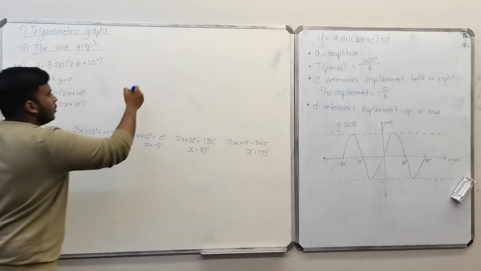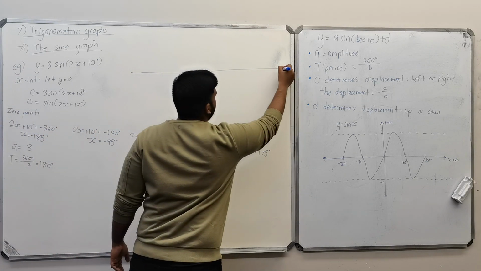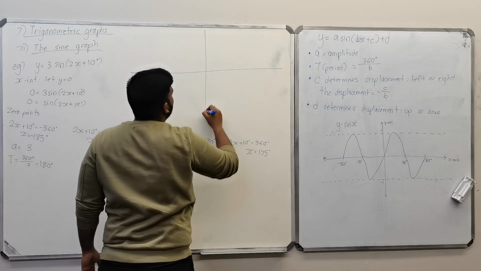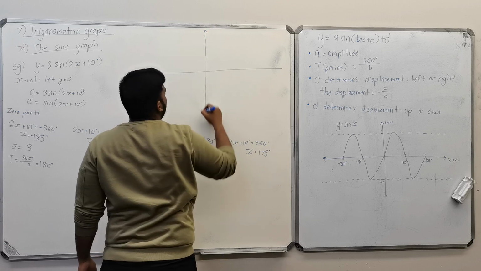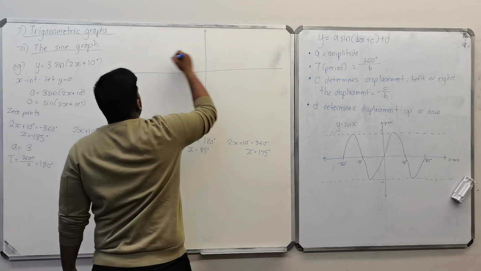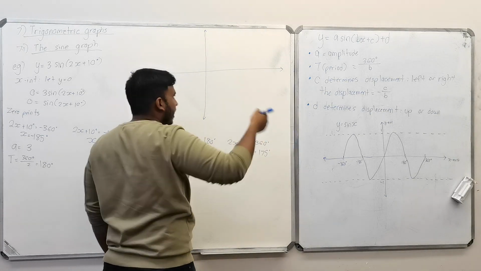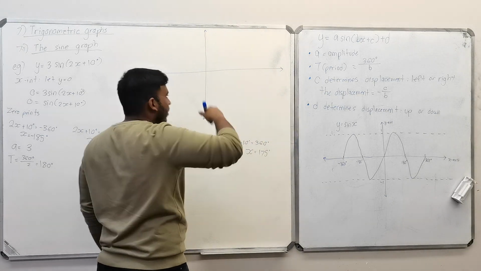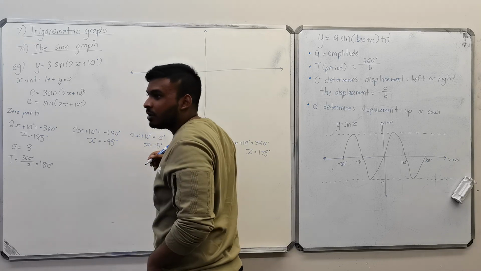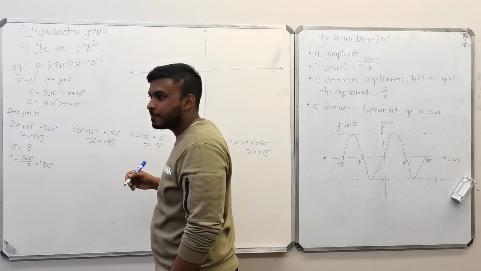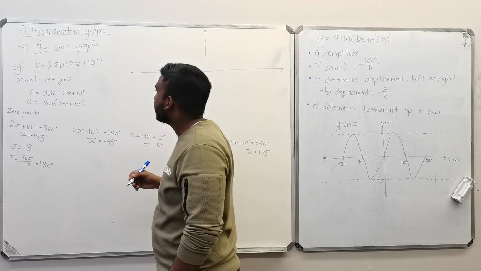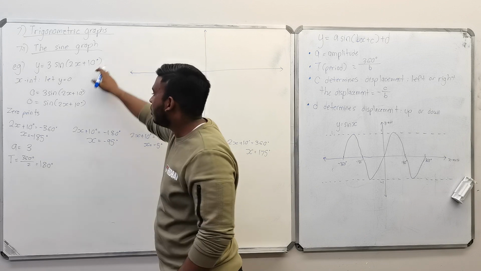So when you're drawing it now, the center point of this graph would be 0. It never shifts up or down. We don't do anything with the 10, the c. We included it here.